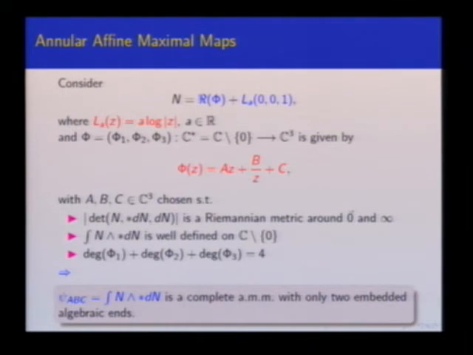Using this, it's not difficult to see that the map G_abc given by the usual formula is a complete affine maximal map with only two embedded algebraic ends. And all the annular affine maximal maps can be constructed in this way.